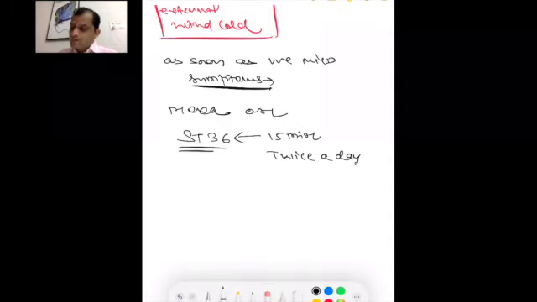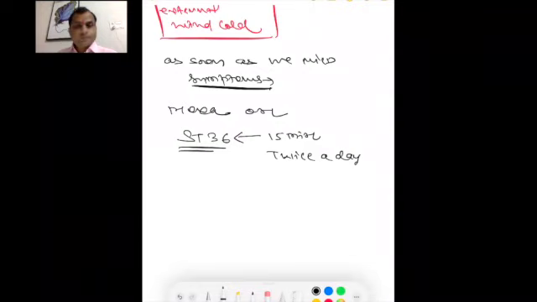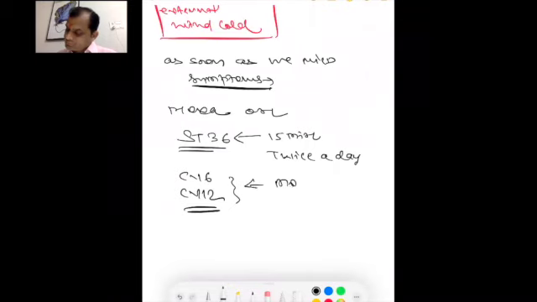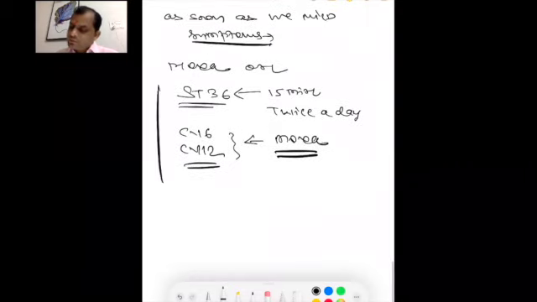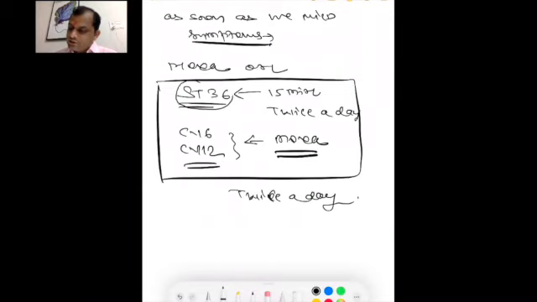And as soon as we find that something is wrong, we can also do moxa on CV6 and CV12, these 2 points. So we have to do this treatment twice a day. Moxa on stomach 36, 15 minutes twice a day.